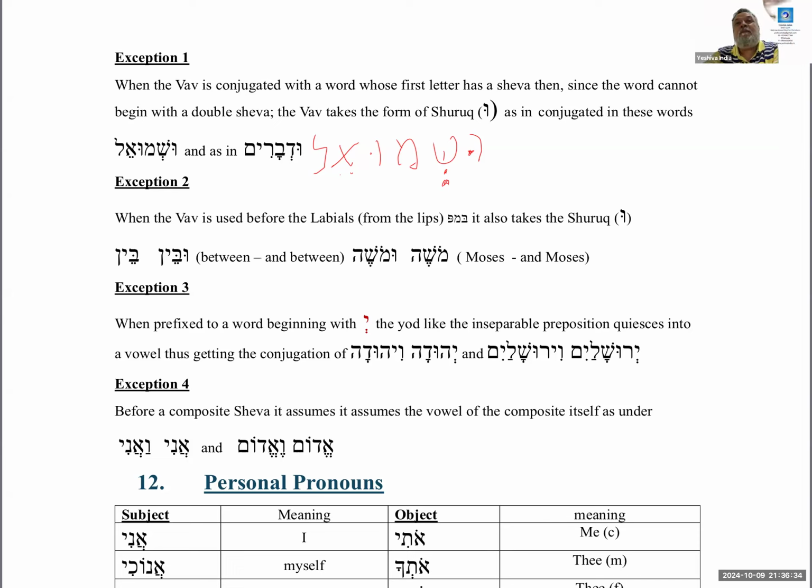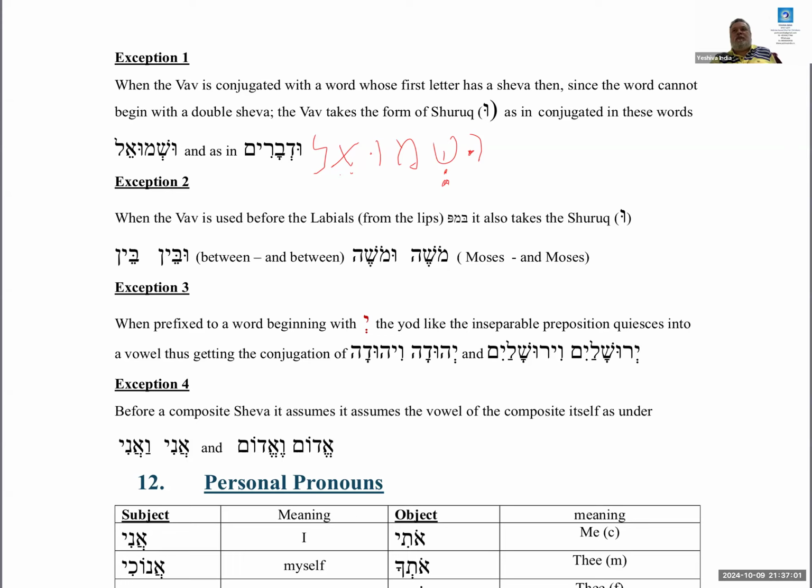Two shvas that come within a syllable inside of a word, then the first is silent, the second is vocalized. We're talking about inseparable prepositions here. In inseparable prepositions, two shvas cannot come together. Now this is a different rule.